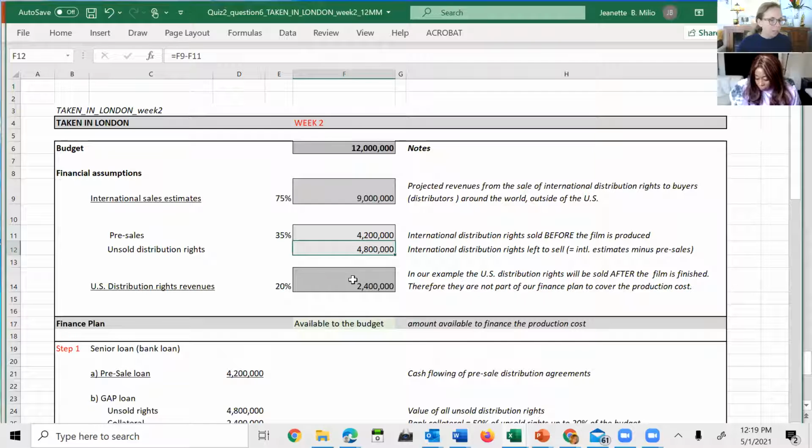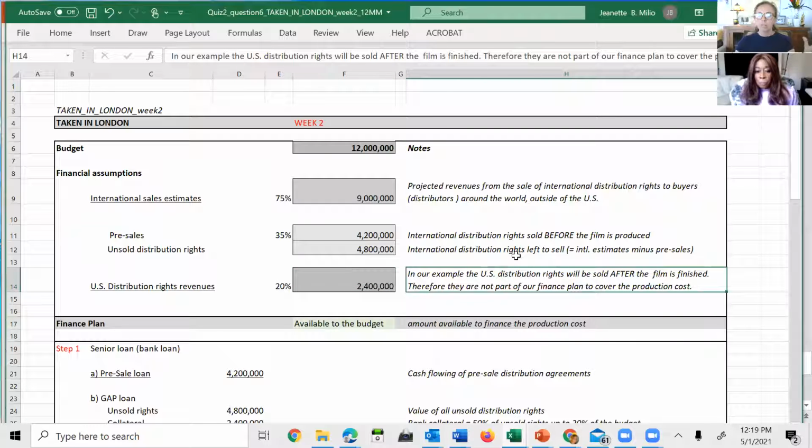So the US rights are sold for 20% of the budget, which is $2.4 million in this case. That's all it is. So that's where we are right now. We did some estimates, we did some pre-sales, and we're looking at the US being sold when the movie is finished, by the way.